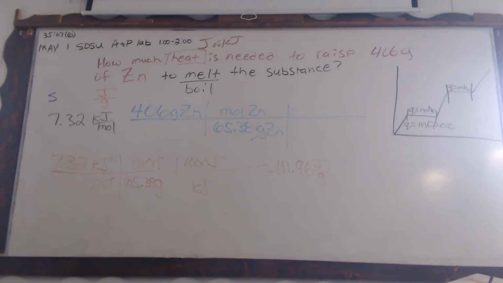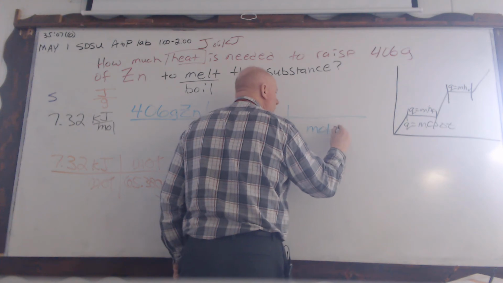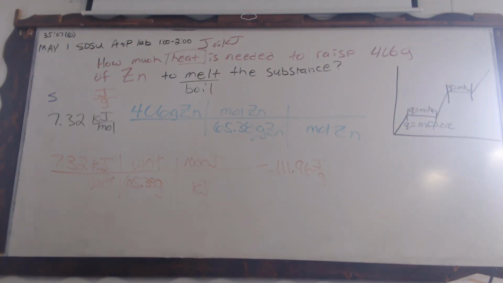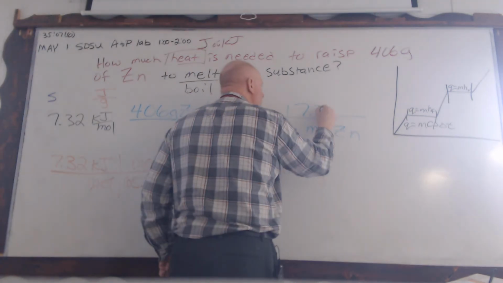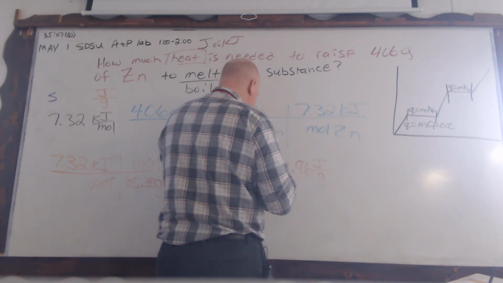We can put moles of zinc on the bottom. And then what would we put on top? 7.32. So there's our kilojoule over mole.